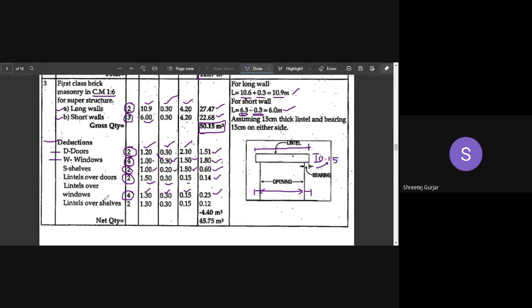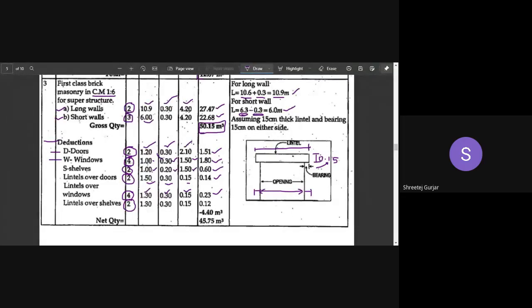Then lintel over shelves. We have also provided shelves, and we require lintel over these shelves also. We can calculate the quantity by the same method that we used for doors and windows. The number of shelves is 2, so the number of lintels required will be 2. The length of the shelves is 1 meter, so considering bearing of 0.15 on both sides, the length of my lintel will be 1.3 meters.